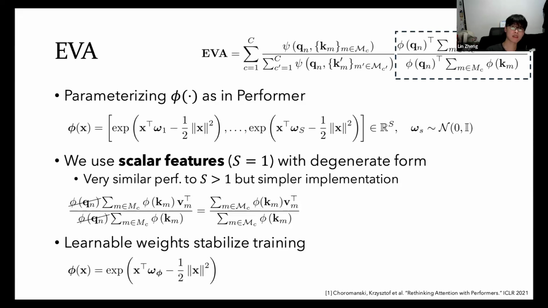So this kind of counters the effect of reducing the hidden set or the feature map sets. Okay, I see. So let me rephrase the process of EVA, and you can correct me if I'm wrong. You have this scalar valued feature map, and this term would compress the entire chunk into a single value vector, and the phi k is the weighted sum.